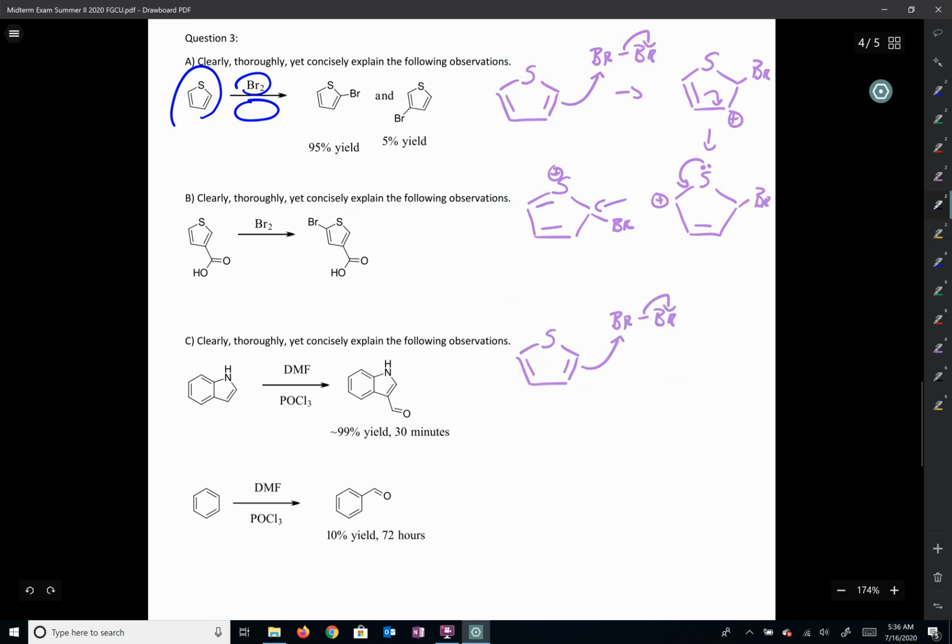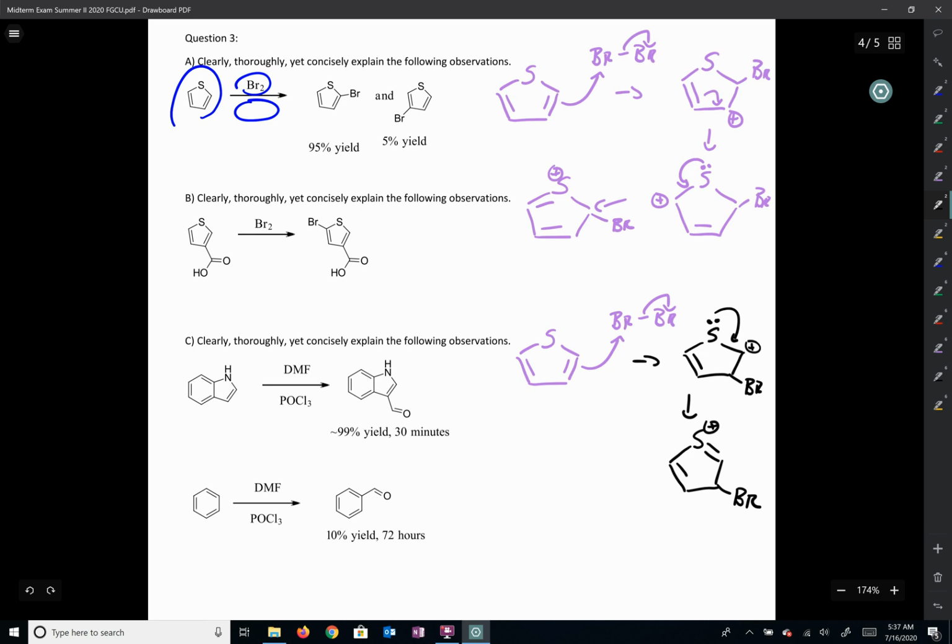If we go the different route there, where we add it to the 3 position, then we can only draw that one resonance structure there, and that is a good explanation for what we end up seeing, right?